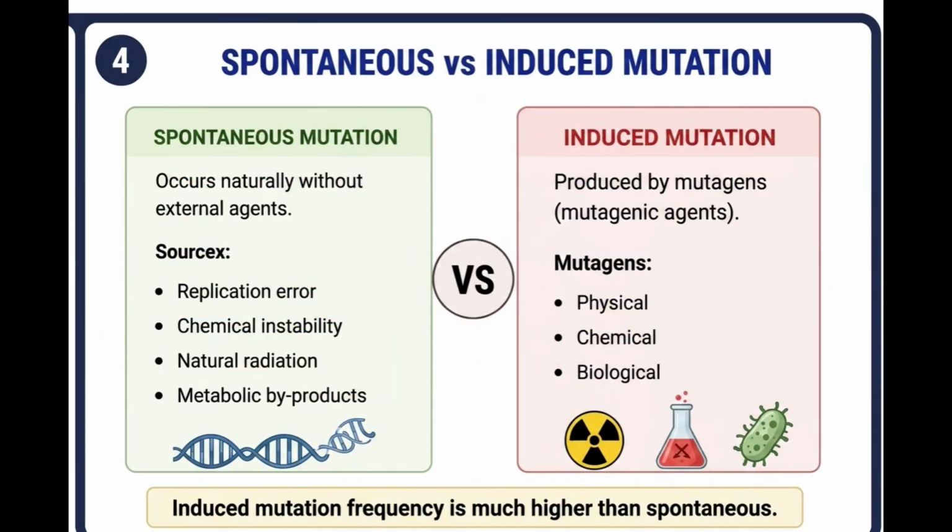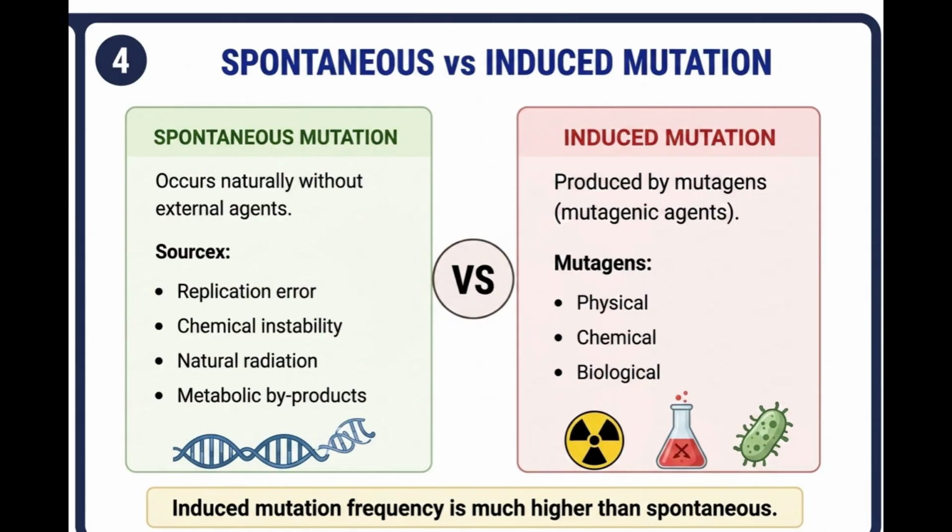Spontaneous versus induced mutation. Mutations are broadly classified into spontaneous and induced mutations. Spontaneous mutations occur naturally without external mutagens. They result from replication errors, spontaneous chemical changes, and endogenous metabolic reactions.